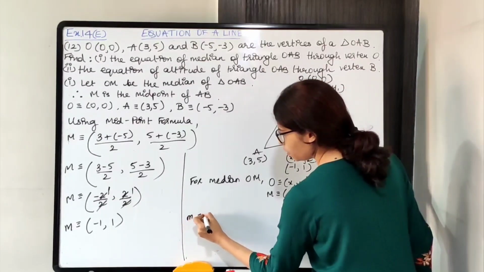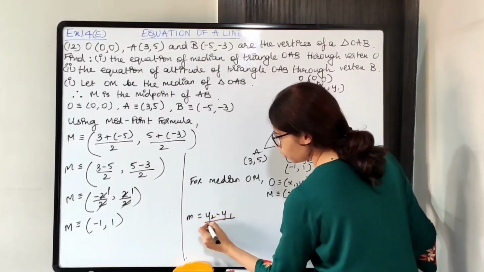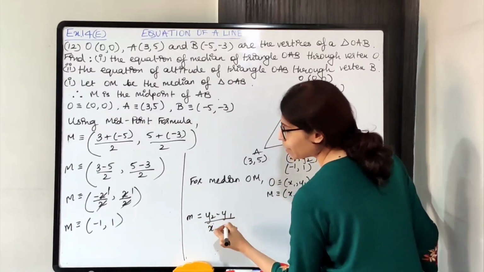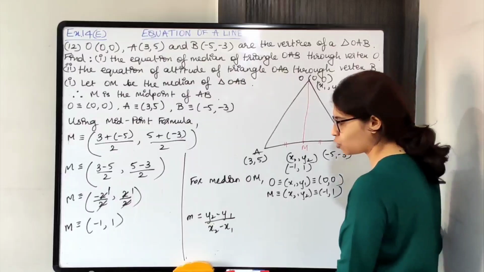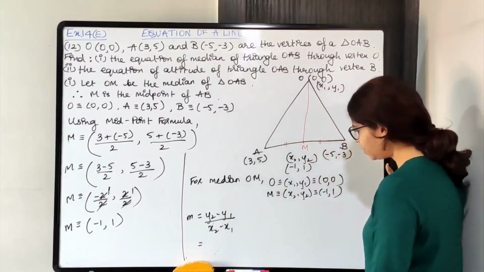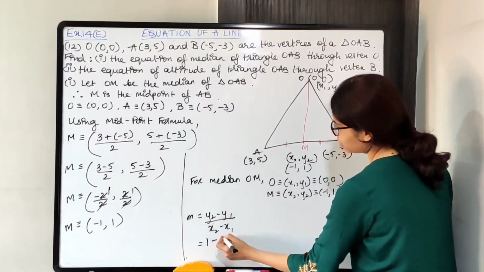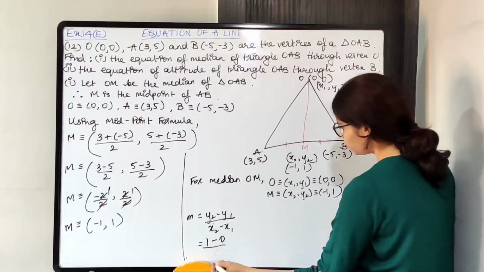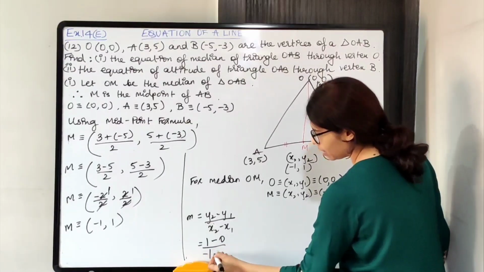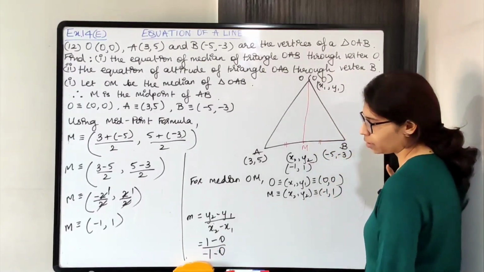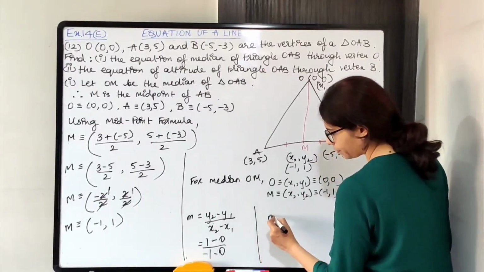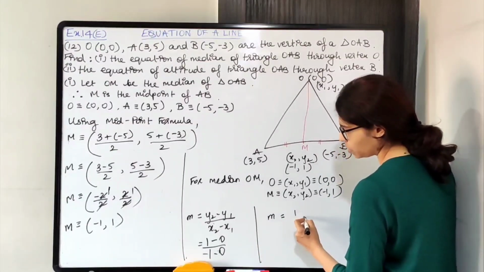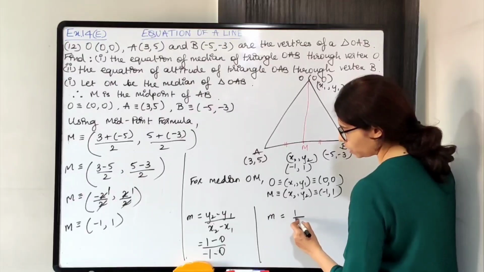So slope will be y2 minus y1 upon x2 minus x1, or y1 minus y2 upon x1 minus x2. y2 is 1, y1 is 0, x2 is minus 1 and x1 is 0. Okay, so this will give 1 minus 0 is 1 upon minus 1.